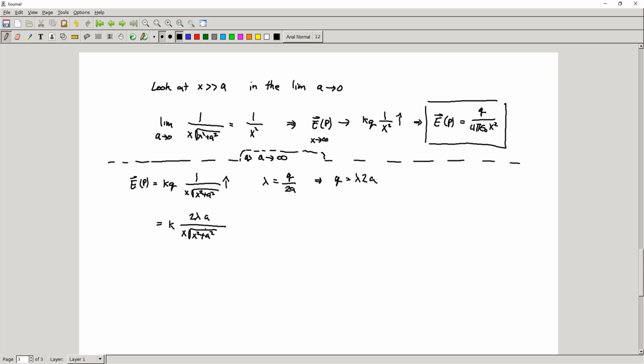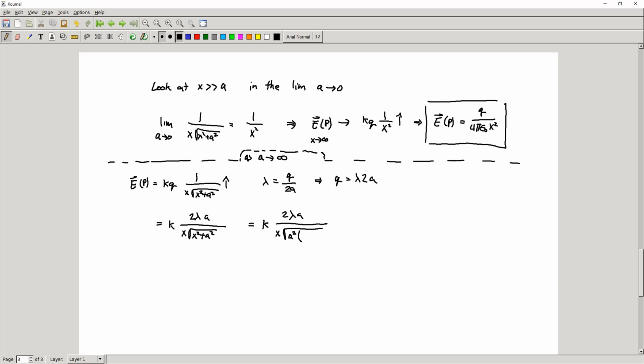Let's clean this up a little bit. I want to start pulling out some a's so that we don't have an a in the upstairs. I'm going to write this to the right here. I'm going to leave the upstairs the same, and in the downstairs I'm going to leave this x term the same, but I'm going to factor out an a squared inside.